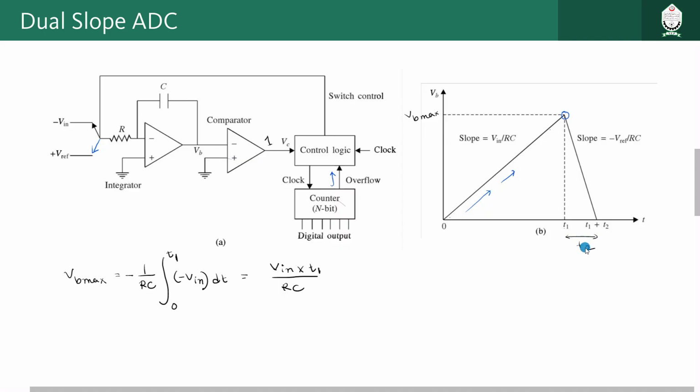This is T2 and this portion is T1, right? Now during this duration, if I want to get the integration of how much voltage we are changing, that can be done in this way. It is the same kind of integration, but here we will have VREF, right? So let us call that what?